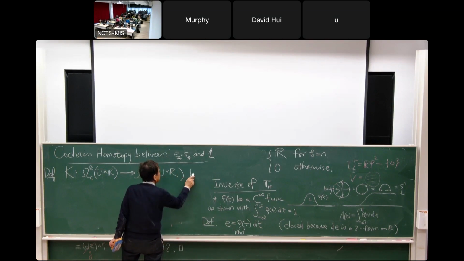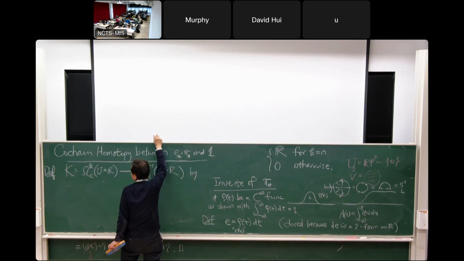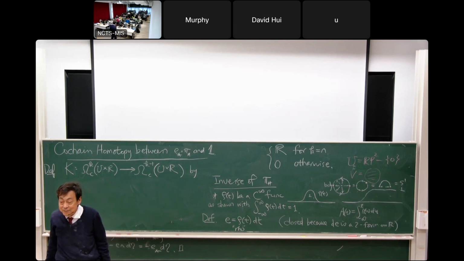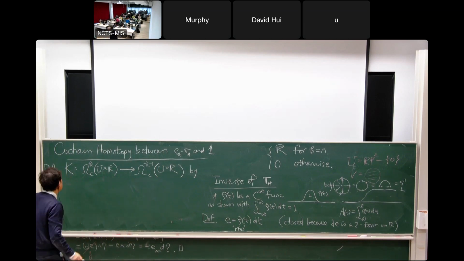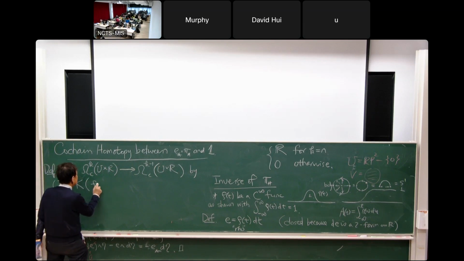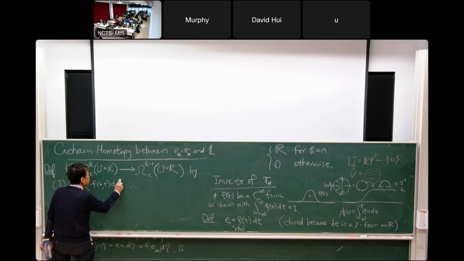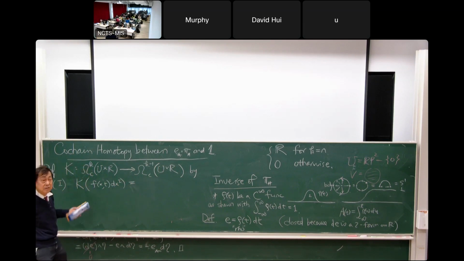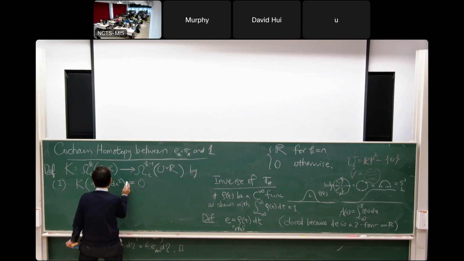So we're going to define this K by, again, integration along the fiber. On type 1 forms, K of f of x t dx_i is, well, there's no dt to integrate, so this will be 0.